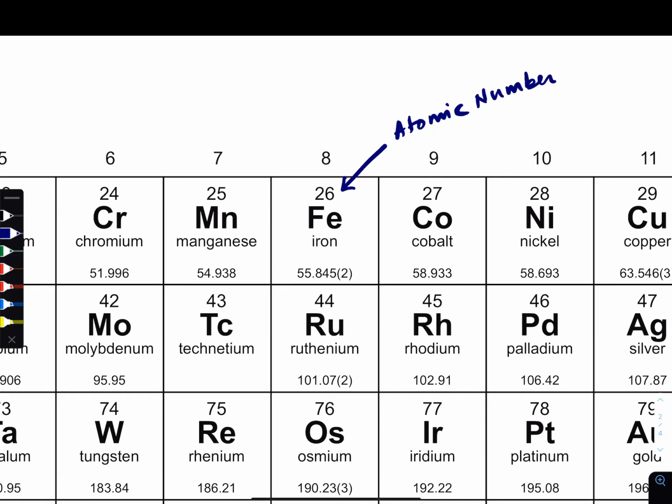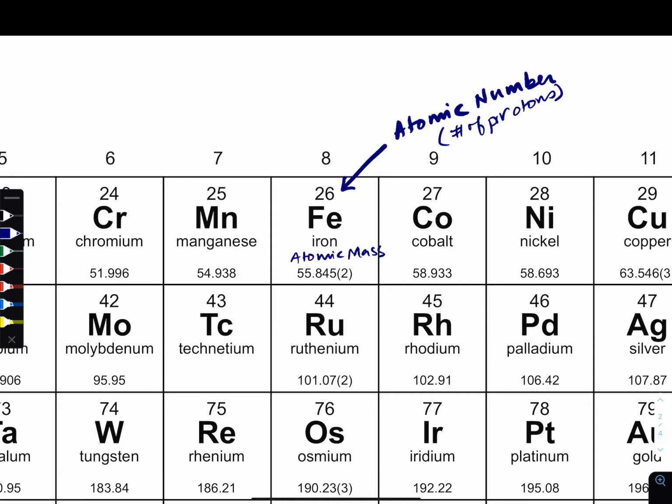And the number at the bottom, the 55.845, is called the atomic mass. The atomic number stands for the number of protons in the element. So let me just scratch out the R and rewrite it.